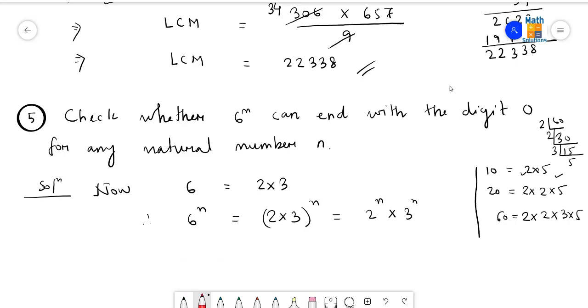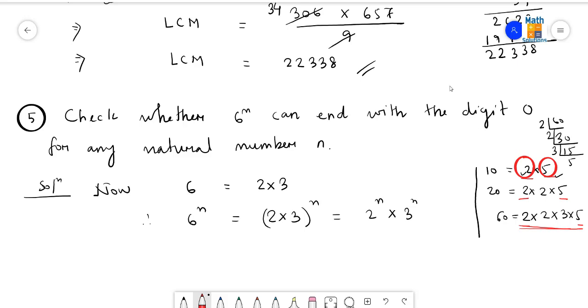Yes or no? 2 and 5. Then here also 2, 5. Then there also 2 and 5. So for all those numbers ending with the digit 0, while doing factorization, 2 and 5 should come as a common factor. Means always we should get 2 and 5 wherever there is a number ending with the digit 0. So this is the thing we have to keep in our mind.